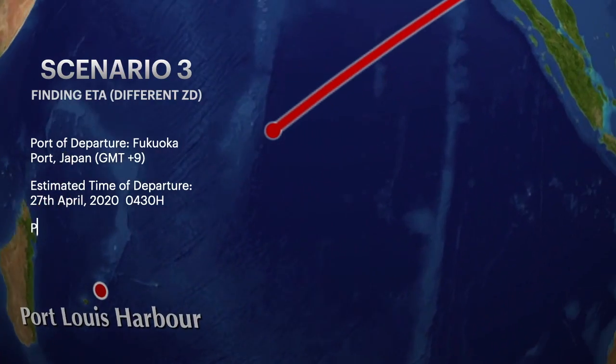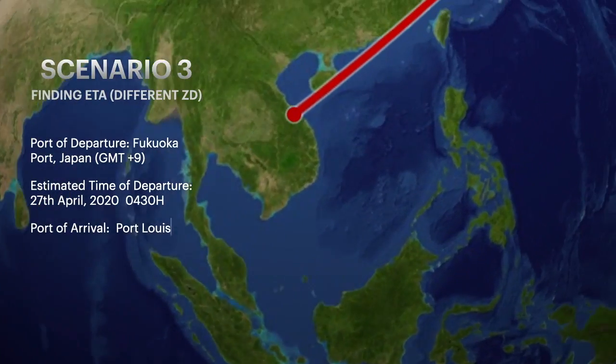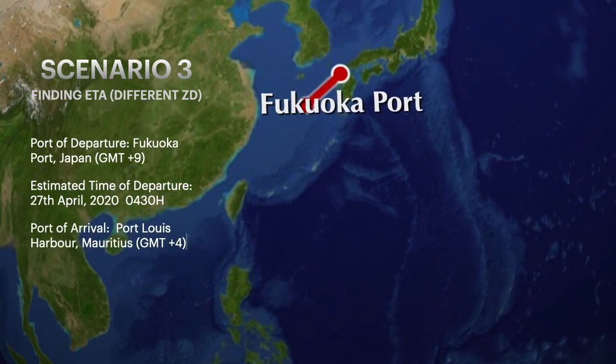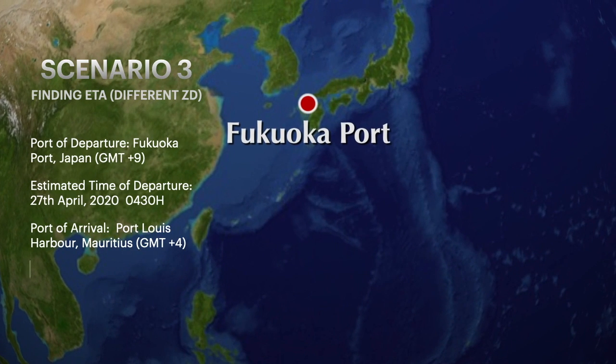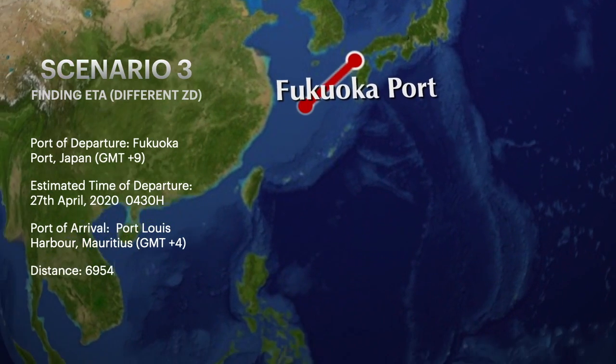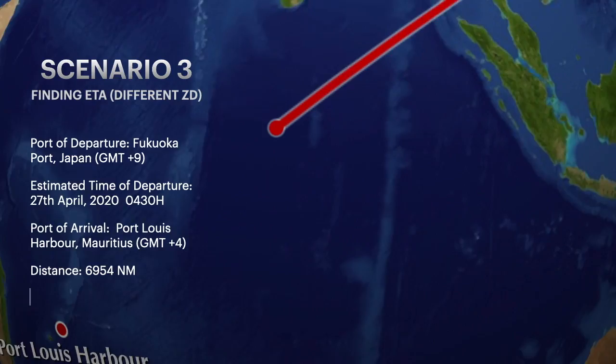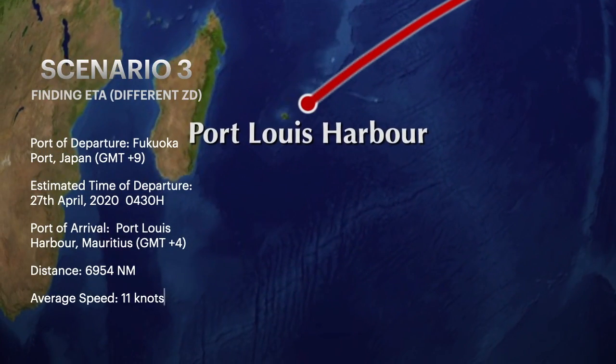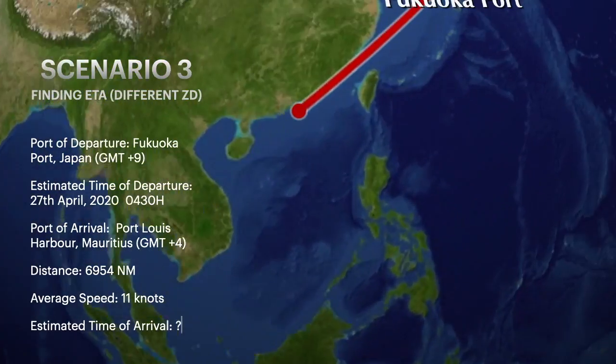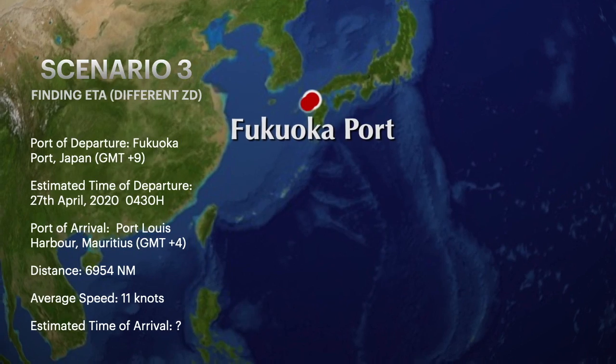Ang port of arrival natin ay sa Port Louis Harbor, Mauritius, which has a GMT of +4 with a total distance of 6,954 nautical miles and an average speed of 11 knots. So ang hinahanap natin ay estimated time of arrival.